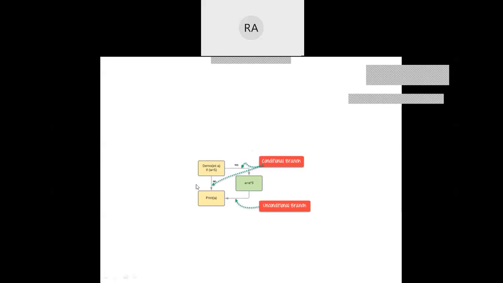You have a conditional branch as well as an unconditional branch. The conditional branch has two outcomes, yes or no, so two constitute the conditional branch, and one constitutes the unconditional branch. Totally, you have three branches overall.